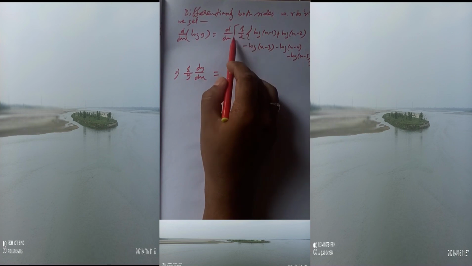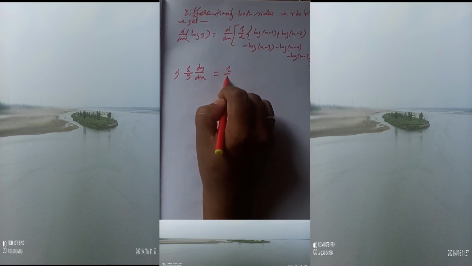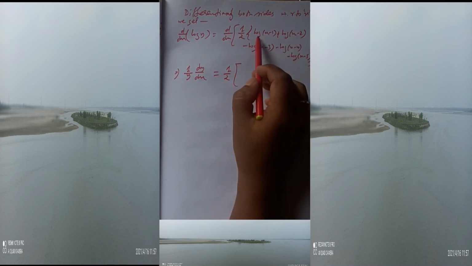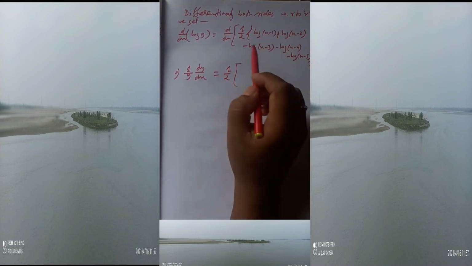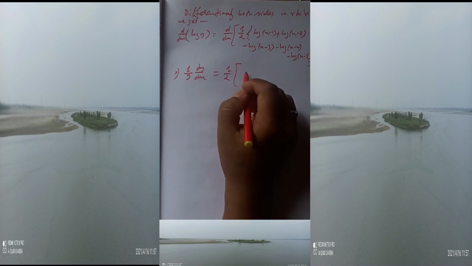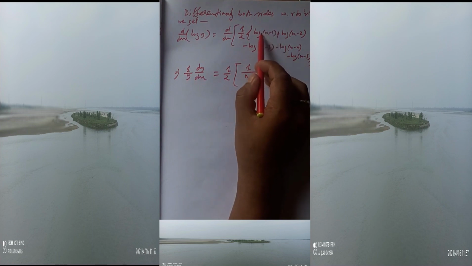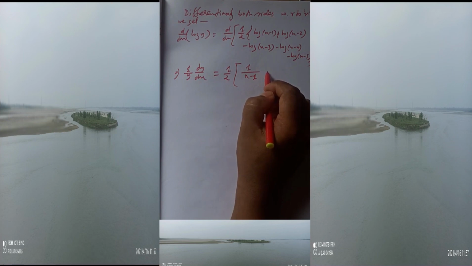That half is like the constant k, we can write half outside of this. Now we will differentiate all the functions, this one, this one, this one, this one, this one. The derivative of log of x minus 1 means 1 by x minus 1. Again if you differentiate x minus 1, d by dx of x minus 1, you will get 1.